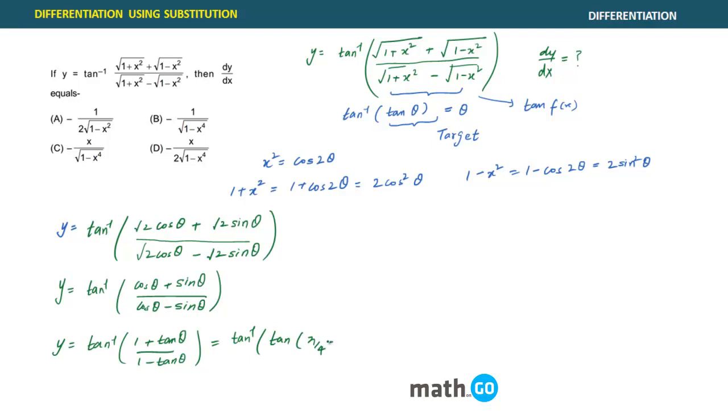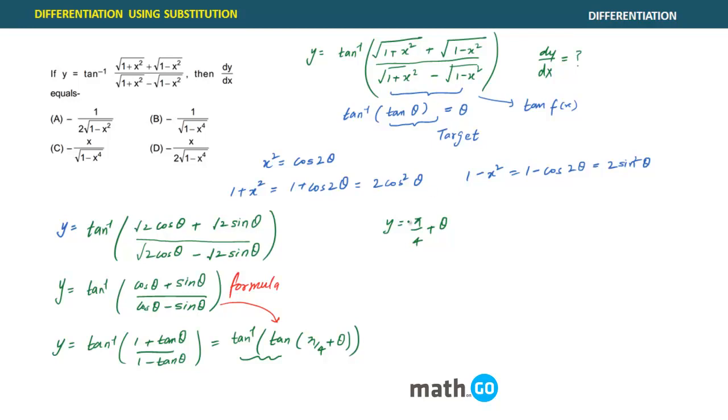So in fact I would now recommend that you should read this as a formula, right? Add this to your formula list. This should be a formula for you people, that this particular value is nothing but this particular quantity. Okay, so now just taking this step ahead, tan inverse of tan will get cancelled out. What you will get effectively is y is nothing but pi by 4 plus theta.